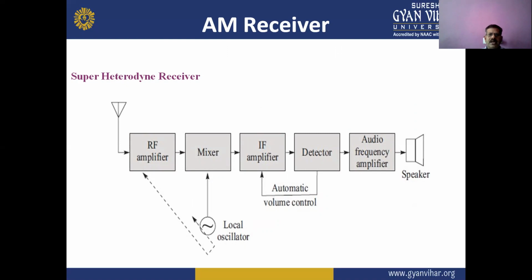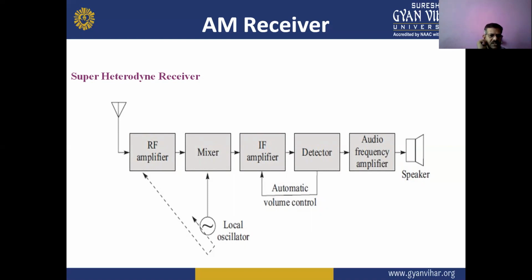Next one is the AM receiver, amplitude modulation receiver. This is the superheterodyne receiver diagram. Here the signal is received with the help of the antenna, and this signal is fed to the RF, radio frequency, amplifier.